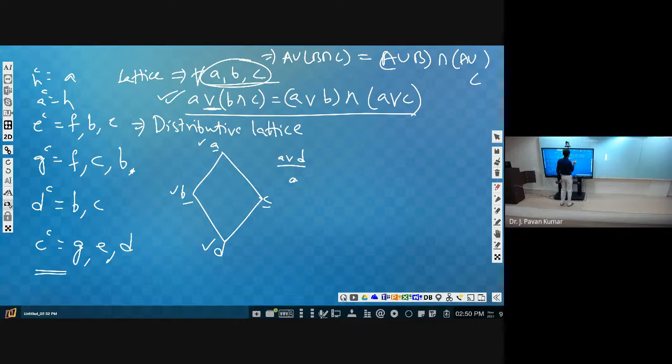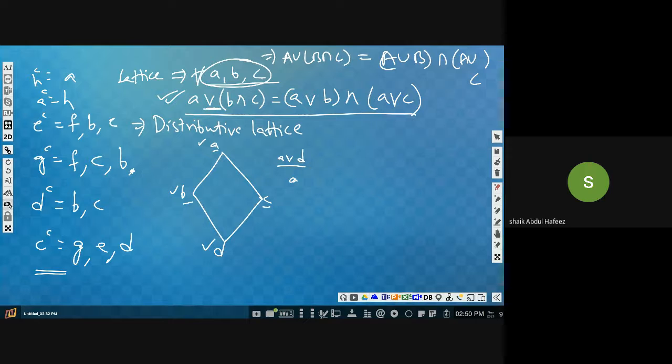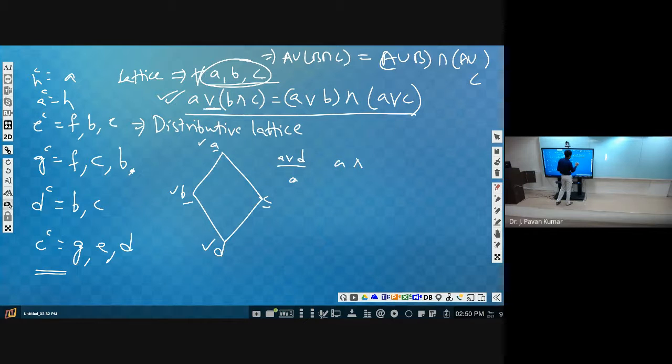Next RHS: (A join B) meet (A join C). A join B is A. Next, A join C is A. A meet A will be A only. So here LHS is equal to RHS for this triple.